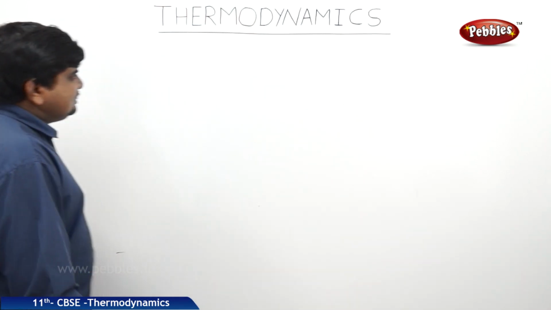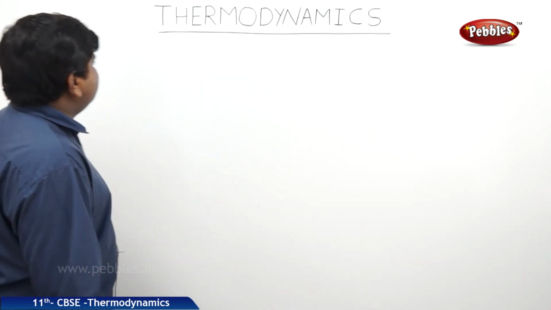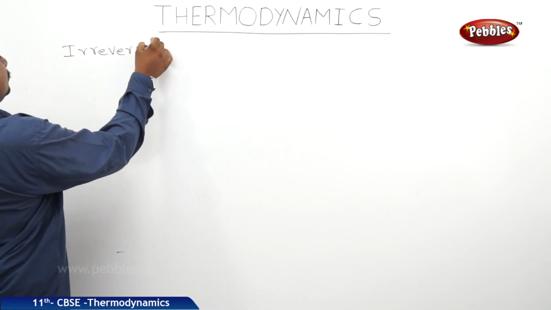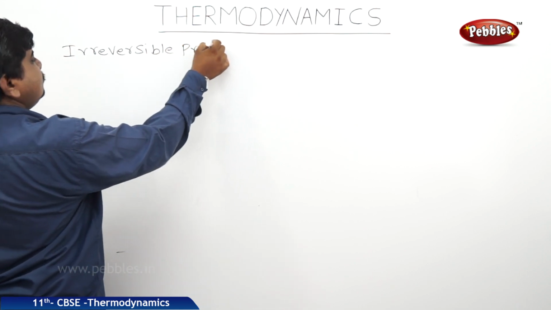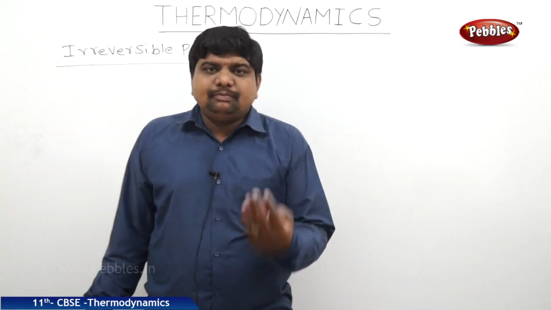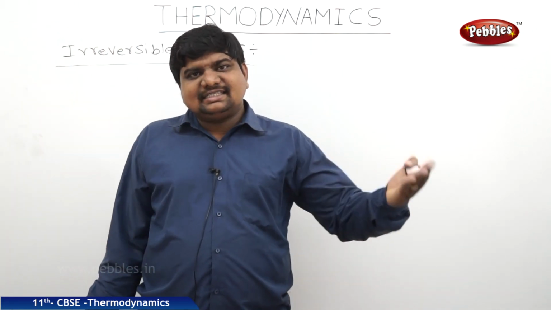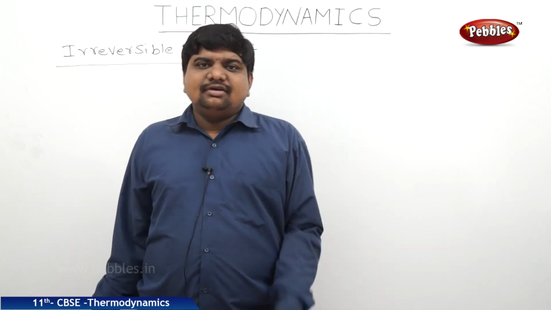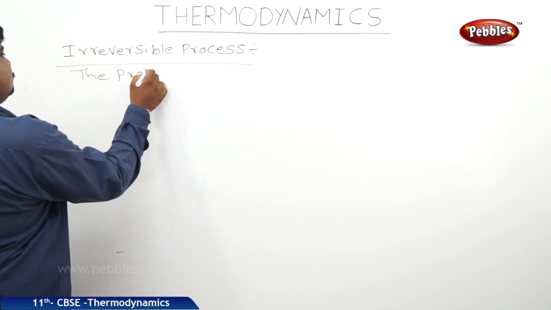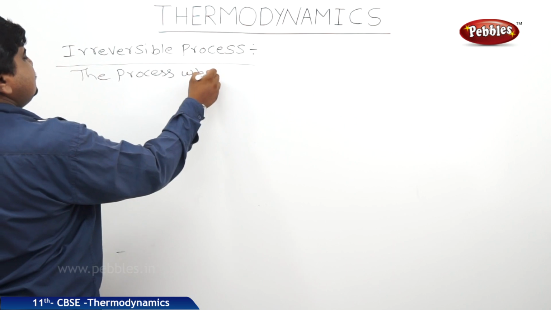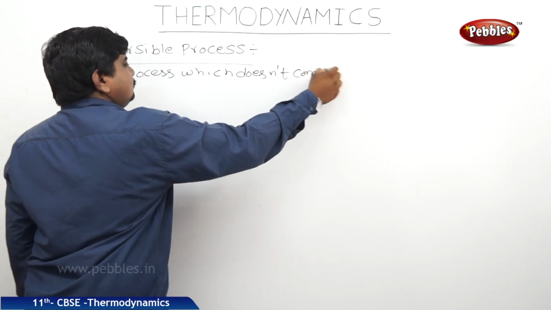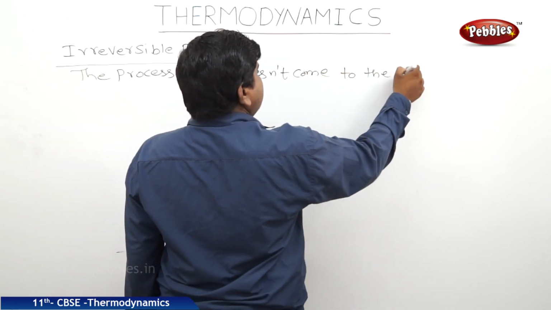The next process, which is exactly opposite to the reversible process, is titled the irreversible process. The irreversible process does not come to the initial state after experiencing the changes in the physical quantities.